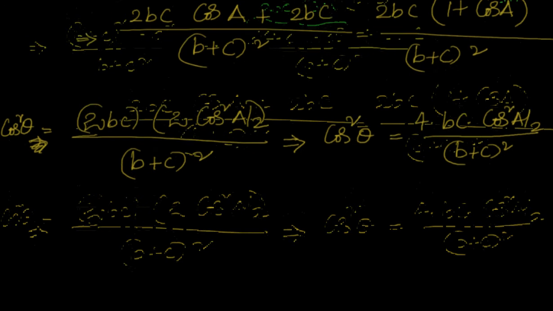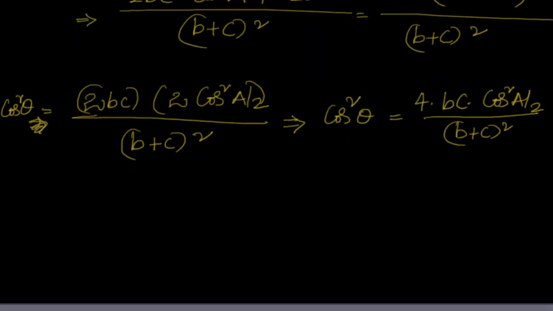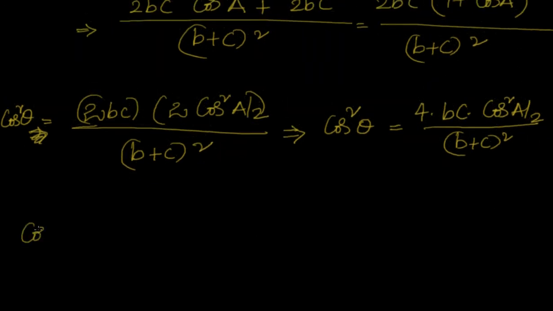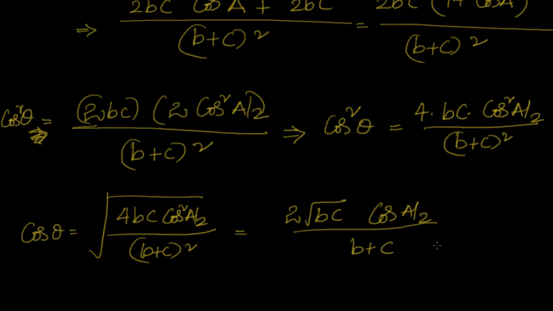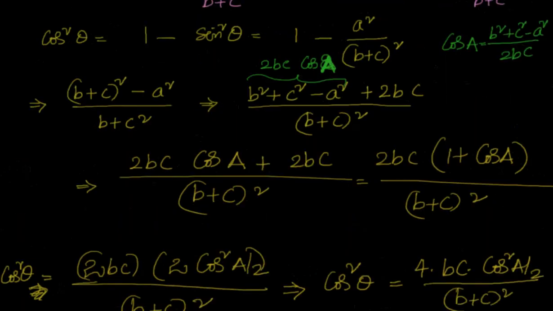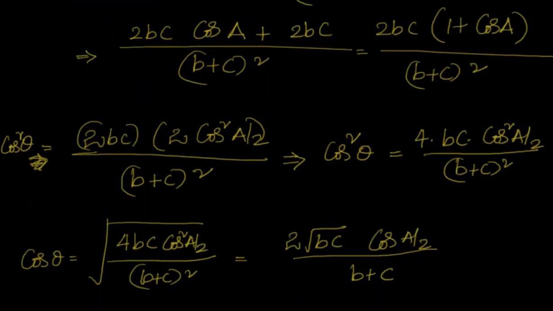Now if I take the square root of that, I will have cos theta equal to the square root of 4bc cos square a by 2 by b plus c whole square, which is nothing but 2 root bc cos of a by 2 by b plus c. This is what we have to prove, 2 root bc by b plus c into cos of a by 2.